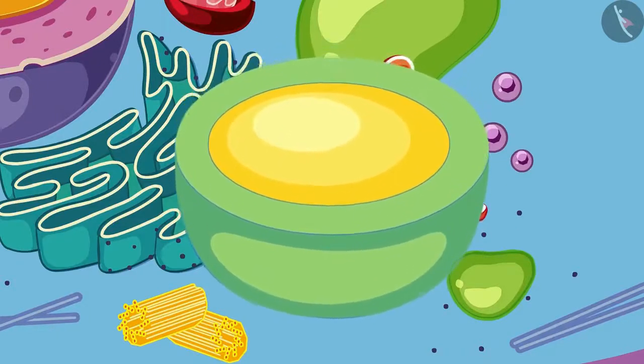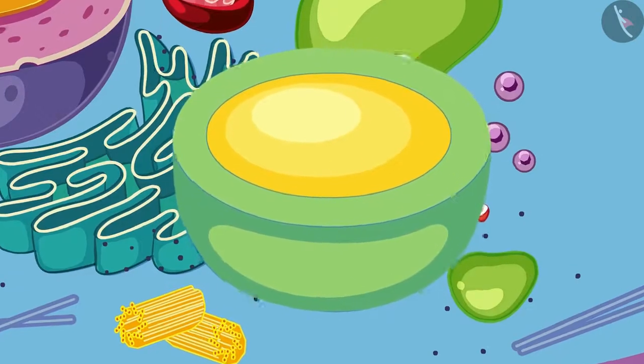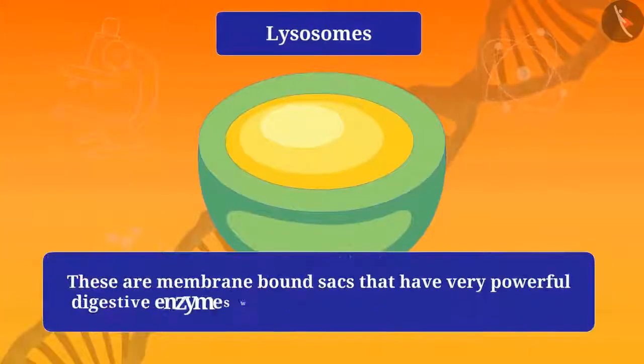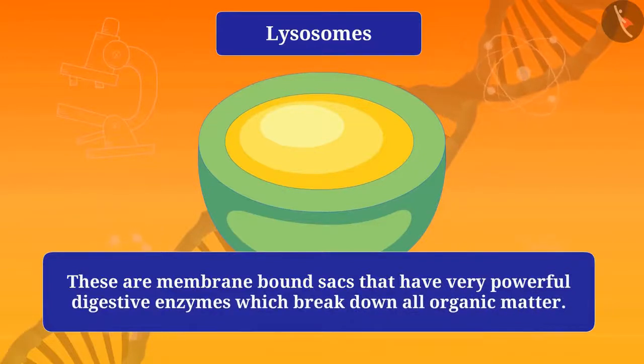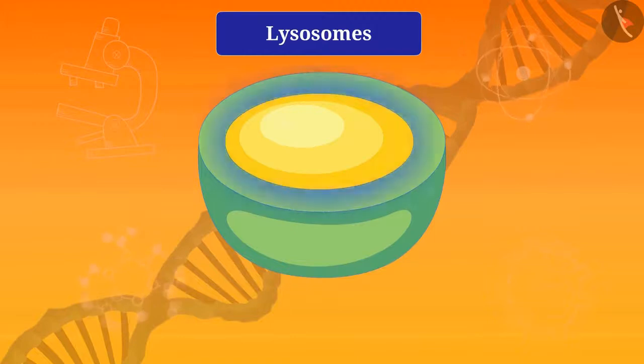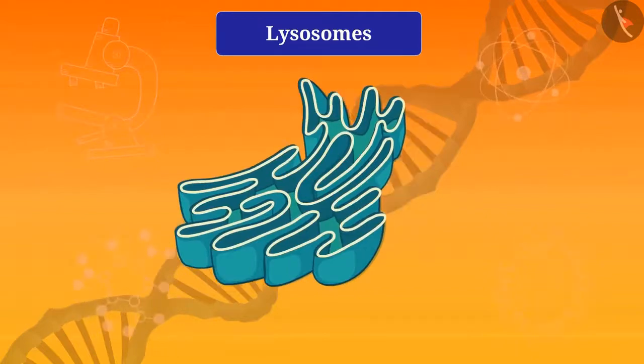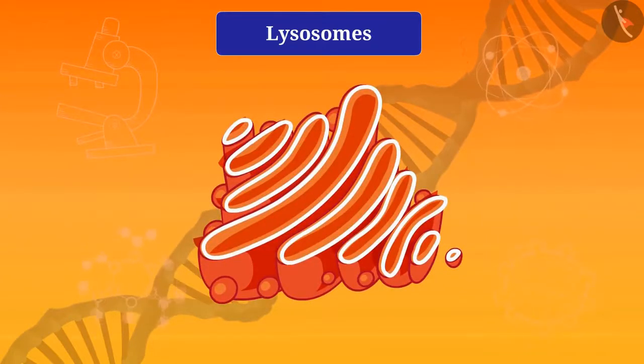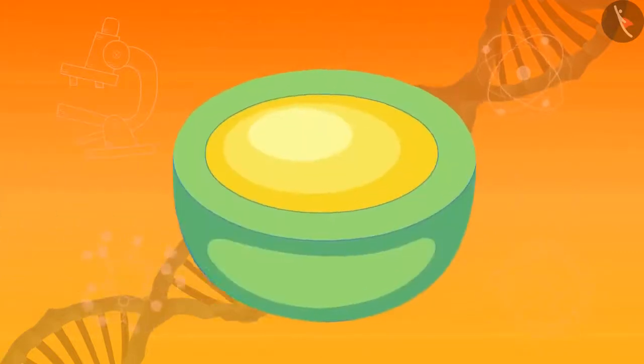Now we will study lysosomes. Lysosomes are membrane-bound sacs that have very powerful digestive enzymes which break down all organic matter. But friends, where do these powerful digestive enzymes come from? These digestive enzymes are formed on the smooth endoplasmic reticulum and packed in lysosomes from the vesicles of the Golgi apparatus. Guys, what is the function of lysosomes?